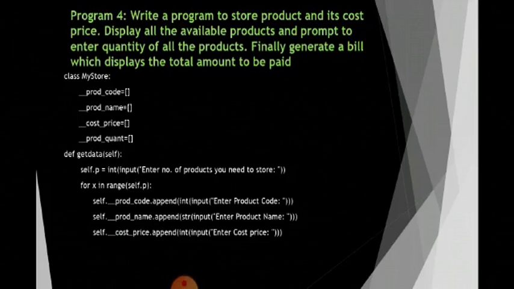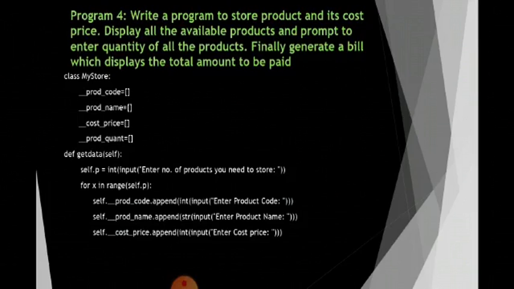And then see the next function, def get_data. This function is going to get the values from the user. def is the keyword, get_data is the function name, and self is the default parameter passed to this function. See the next line, self.p = int(input('Enter number of products you need to store')).